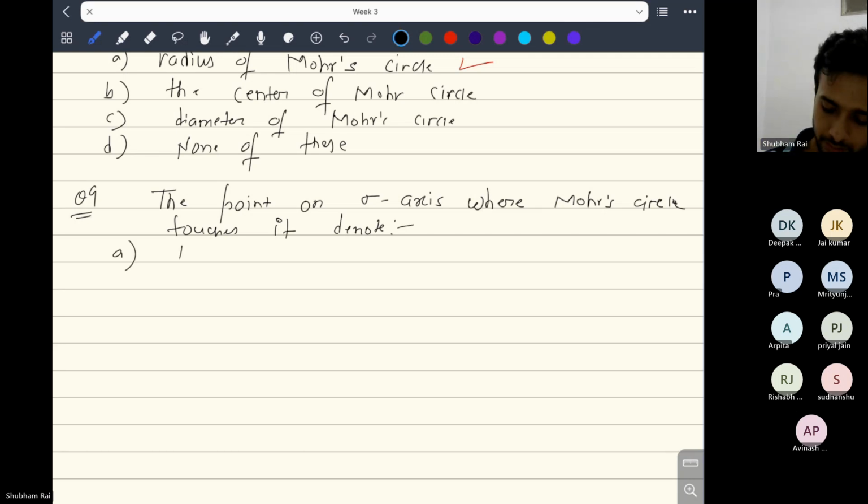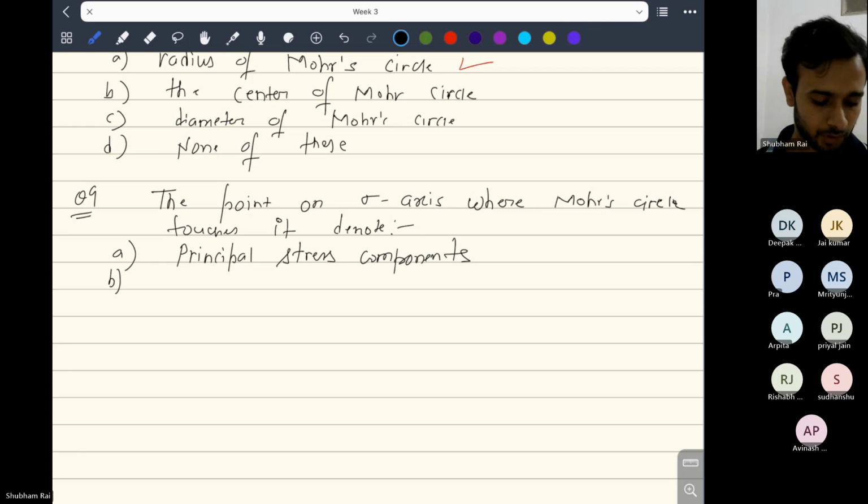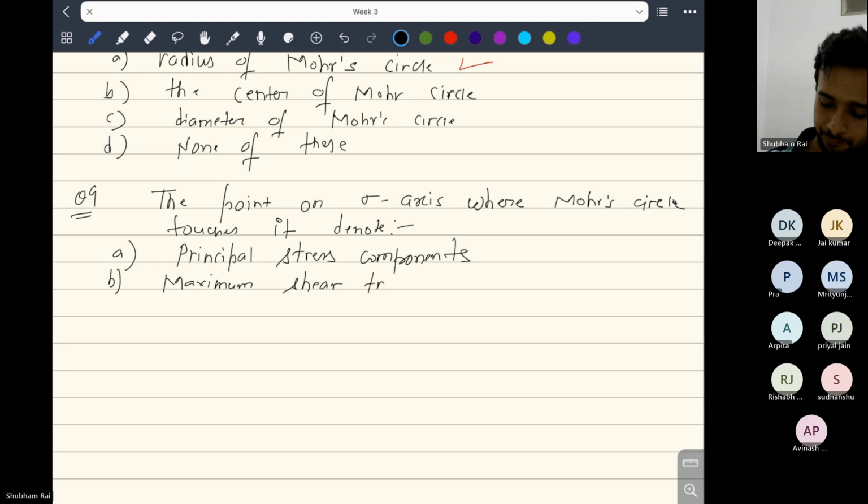First option is, does it denote principal stress components? Second option is, does it denote maximum shear traction? Or does it denote octahedral stress, or fourth?